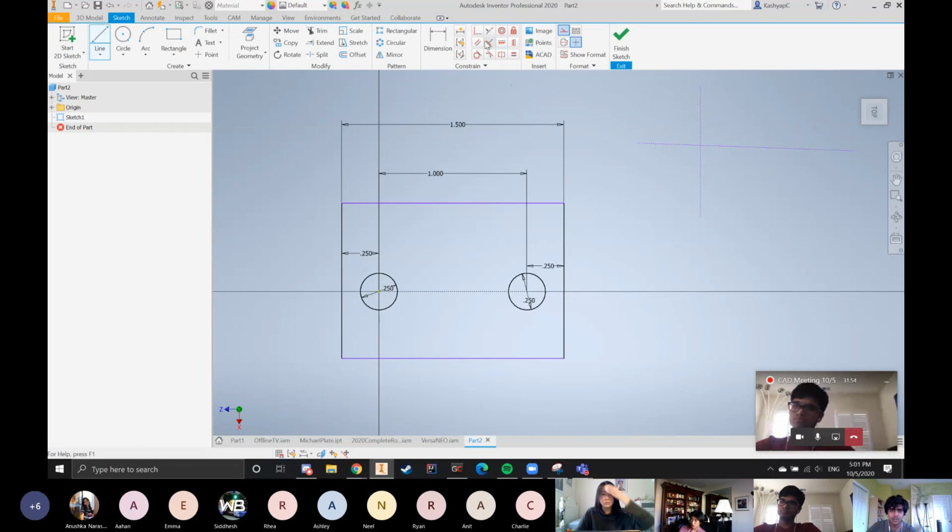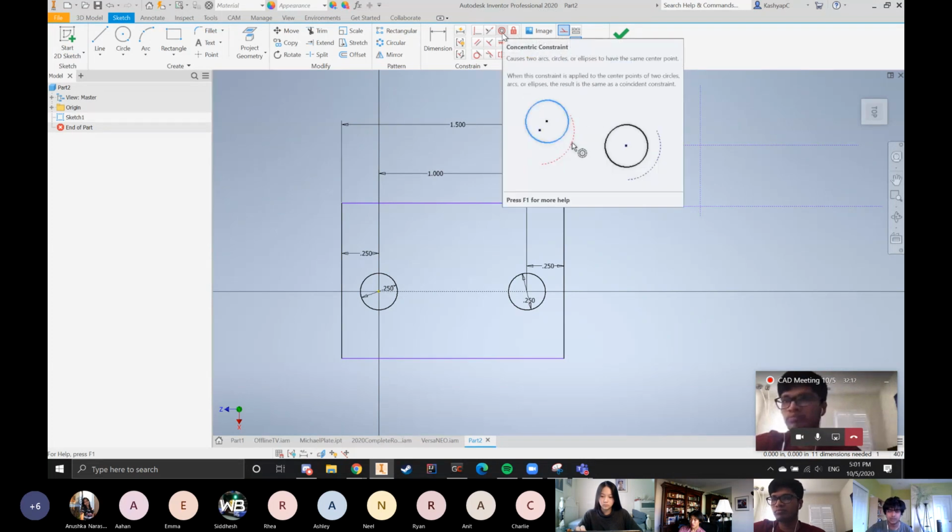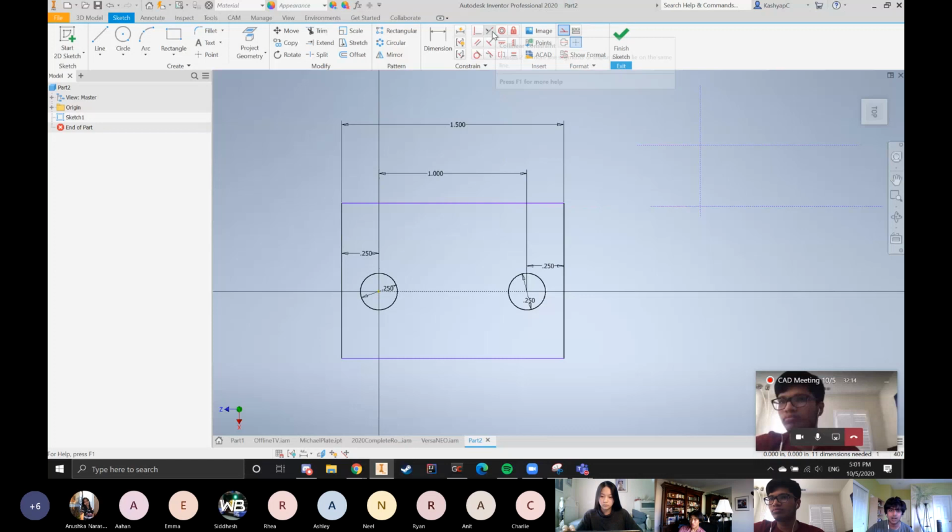You can also make a perpendicular line with the perpendicular tool, a parallel line with the parallel tool. If you're making sketches that you want to follow certain rules, this little 3x4 box is really useful for things like that. Collinear is also really useful, but I don't really think there's a use for it in this sketch.